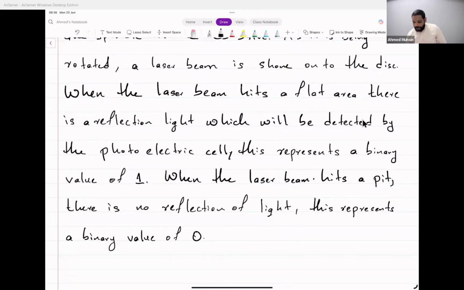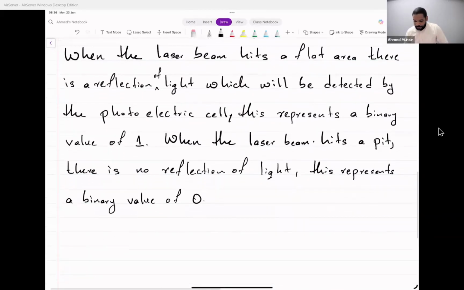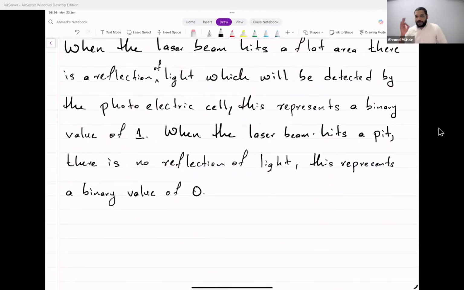Come on, guys, girls, everyone. Okay. So now you all know how an optical disc works.